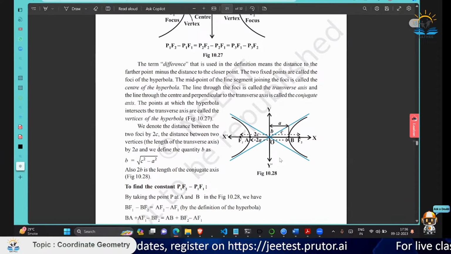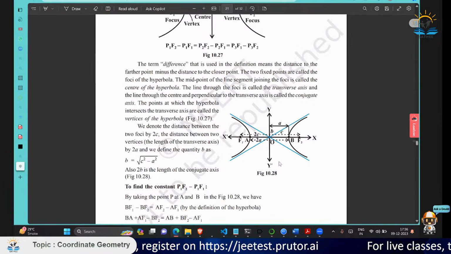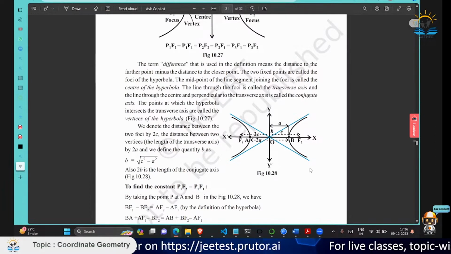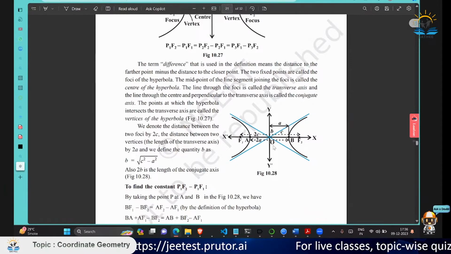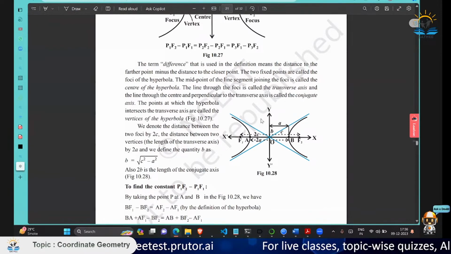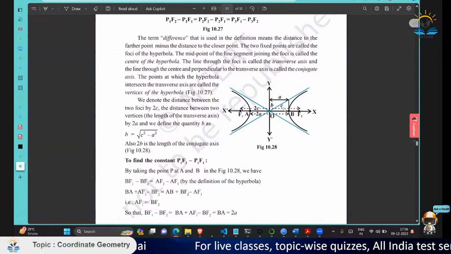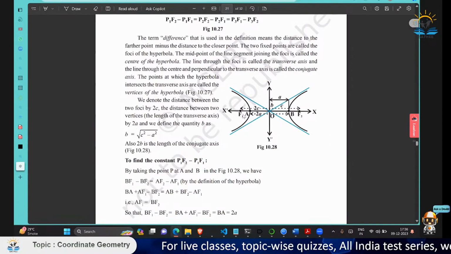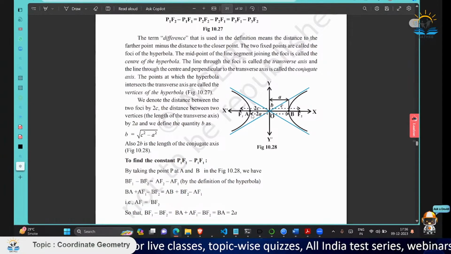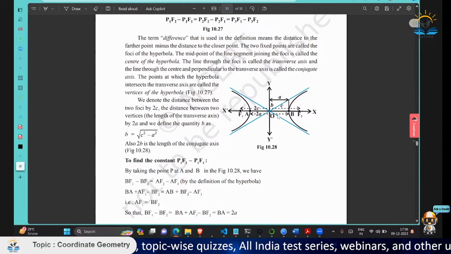They are just analogs of the major and minor axis of the ellipse. So sorry, the hyperbola doesn't cut the conjugate axis. So basically, this AB distance is nothing but 2a.